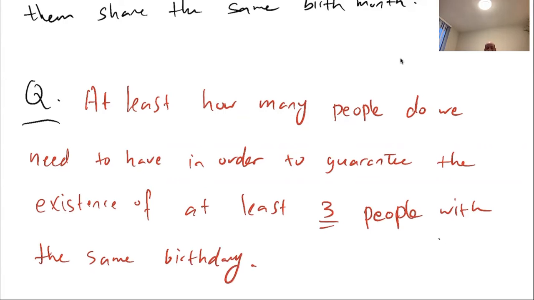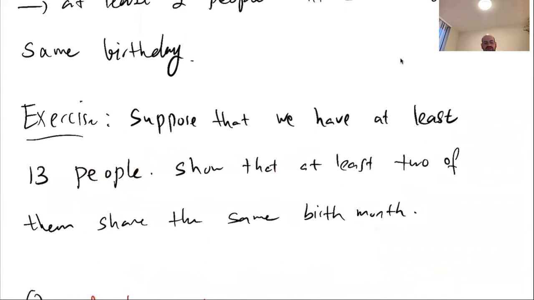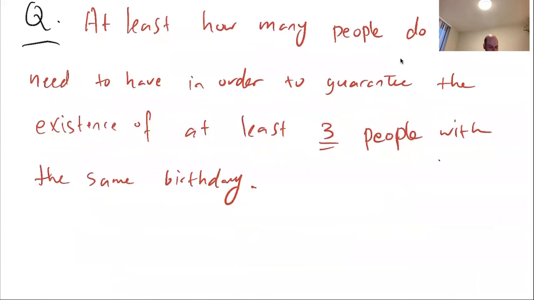Three people with the same birthday. The pigeonhole principle helped us find the minimum number of people for having at least 2 people with the same birth month, and the answer is 13. If you have at least 13 people, then at least 2 of them will share the same birth month. And now, 3 people with the same birth month.